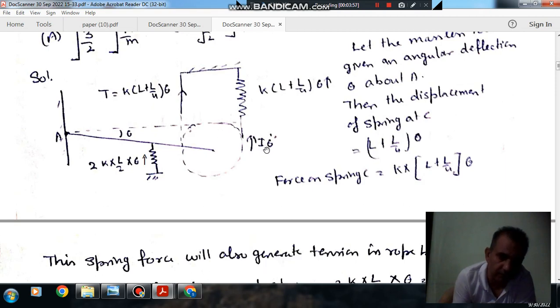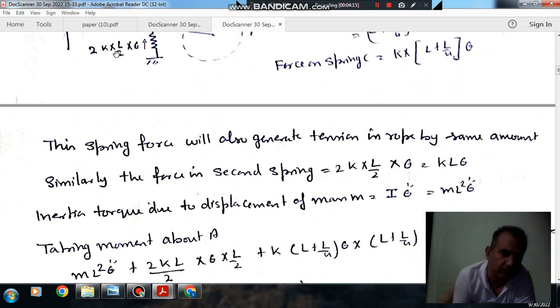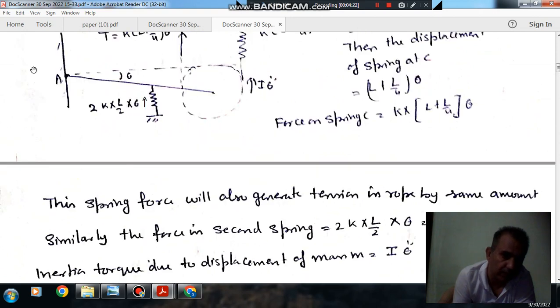Now this itself will be a moment. Its moment about this point will be clockwise, and the moments of the other forces about this point will be counterclockwise, so all these will get added. If we take the moment of this force, it will be 2K into L by 2 into theta into L by 2.